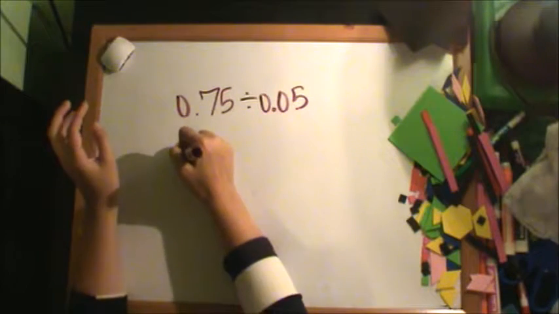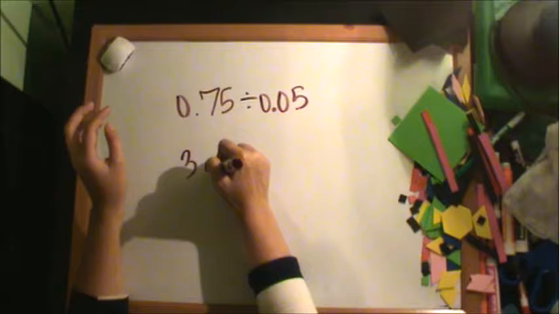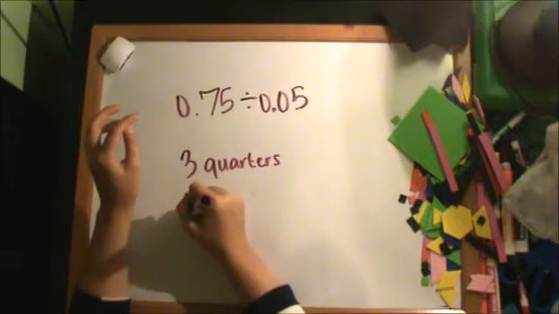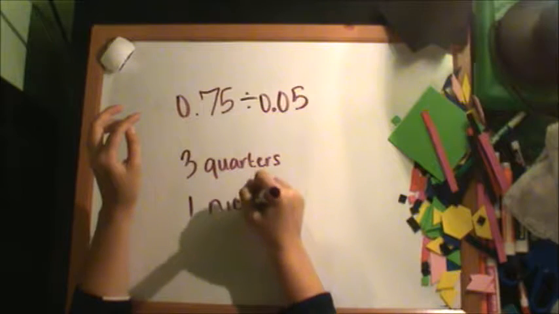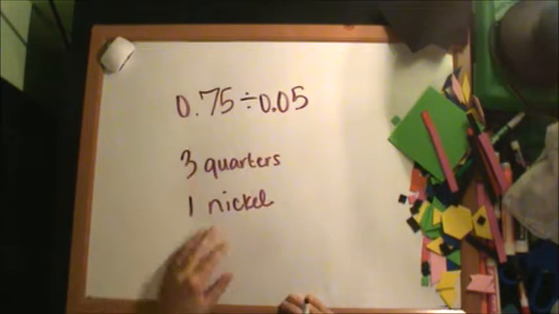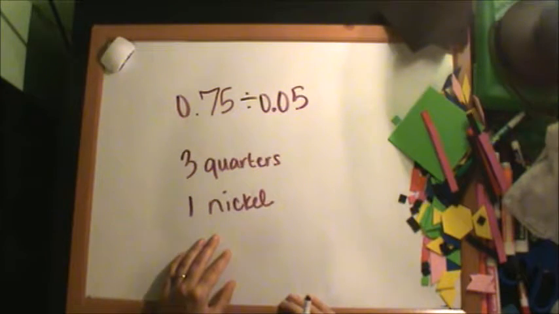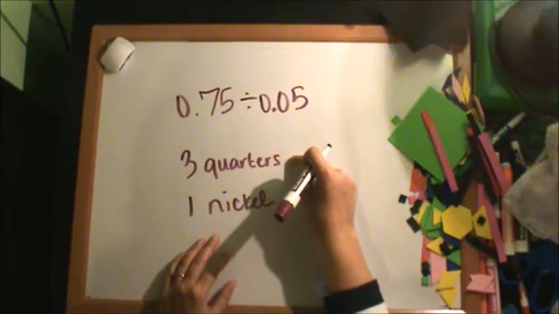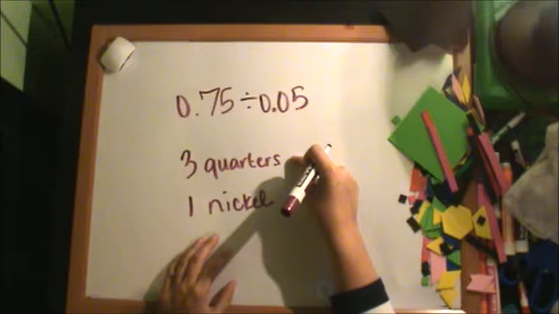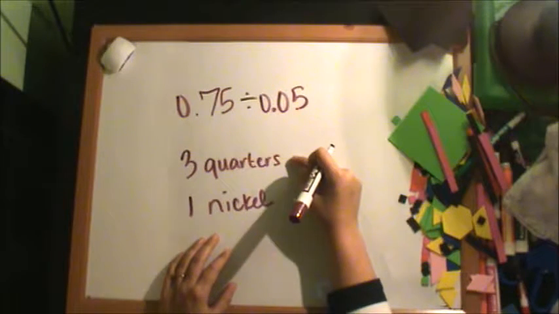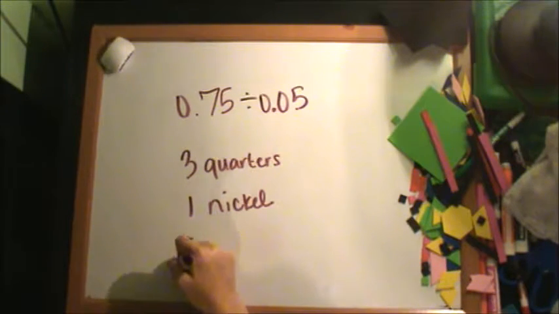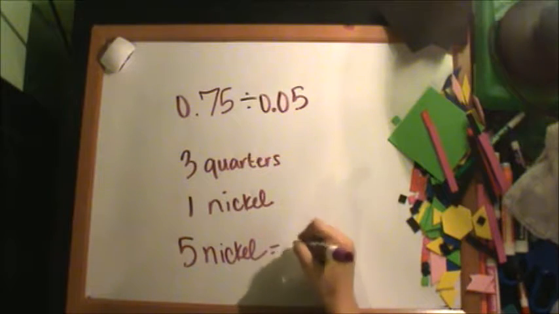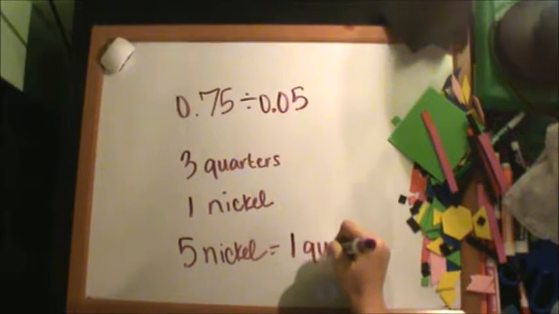So that's 3/4 and 1 nickel. So this is asking you how many nickels are equivalent to 3/4. This should not be very difficult for you because you know that there are 5 nickels to be equivalent to 1/4.